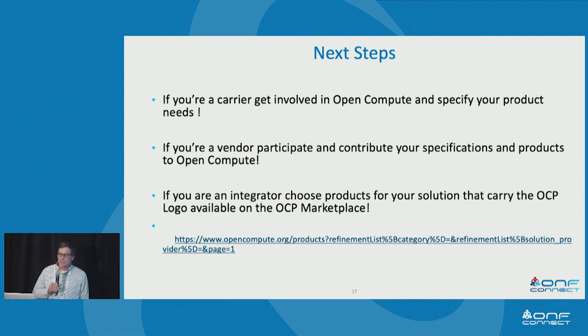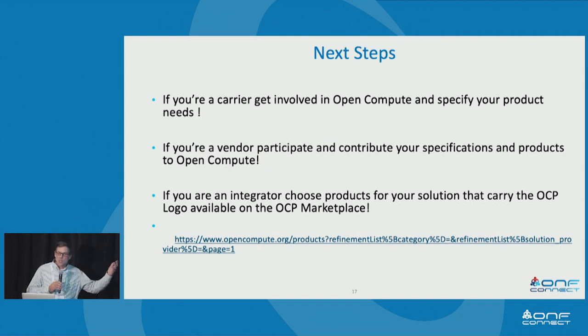Again, they don't have to be accepted. That's preferred in my opinion, but they can be OCP inspired. You don't have to contribute all your design specs if you're not comfortable with that. But the thing is, get involved. And if you're an integrator, choose products, or if you're a consumer, if you're a carrier, choose products that come from a vendor that participates in these communities and that contributes their products through OCP.